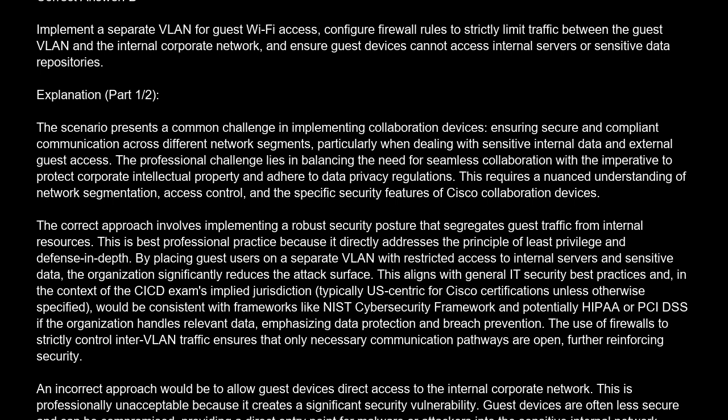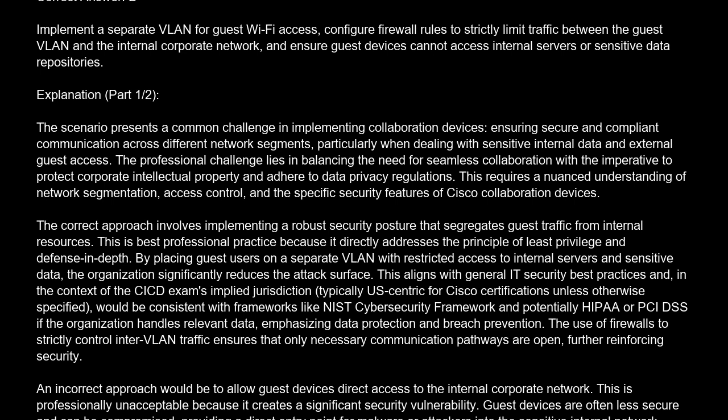The correct approach involves implementing a robust security posture that segregates guest traffic from internal resources. This is best professional practice because it directly addresses the principle of least privilege and defense in depth. By placing guest users on a separate VLAN with restricted access to internal servers and sensitive data, the organization significantly reduces the attack surface.